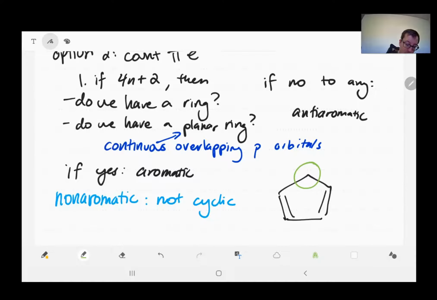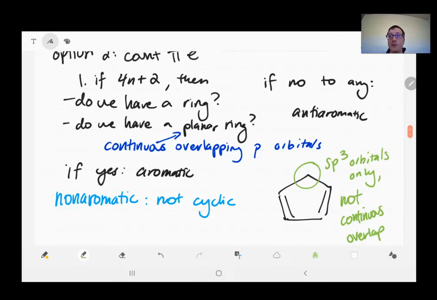It's only got sp3 orbitals, and so it doesn't really mess with anything with p. So we wouldn't consider this one, and we wouldn't anyway because it only has 4 pi electrons. So there's a lot of overlapping concepts here. We would say this is not continuous overlap. But it's also 4 pi electrons, so it's still not going to be aromatic. It's going to be anti-aromatic. Alrighty.